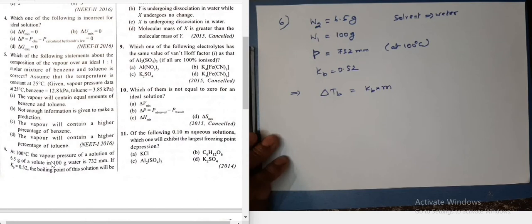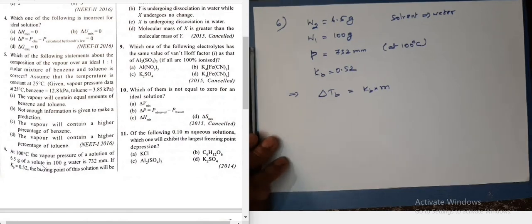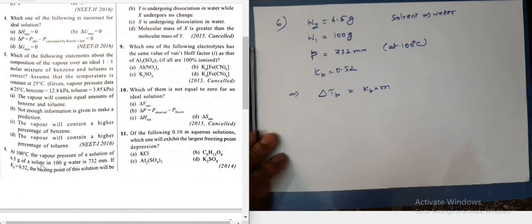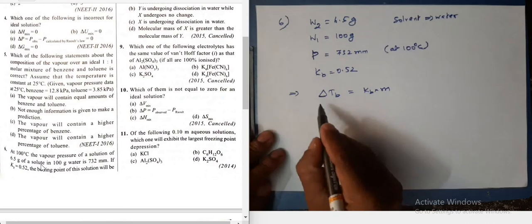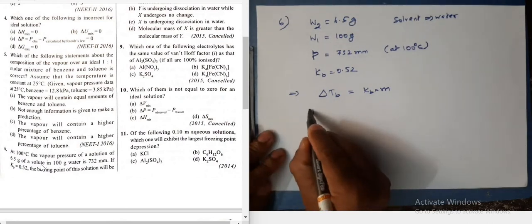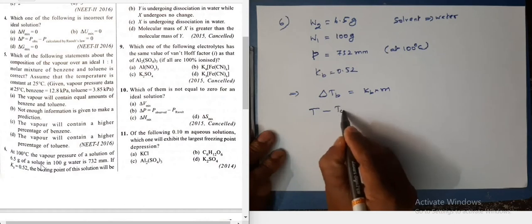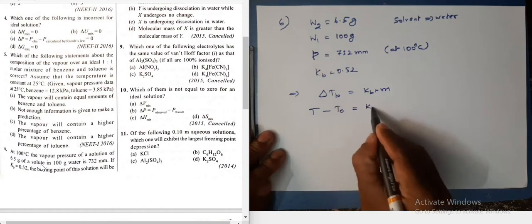Whenever the solute is not mentioned, whether it is electrolyte or non-electrolyte, you have to consider the solute as non-electrolyte. For non-electrolyte i is equal to 1, so I am not using that. And what is delta Tb? Delta Tb is nothing but boiling point of the solution minus boiling point of pure solvent, which equals Kb into m.